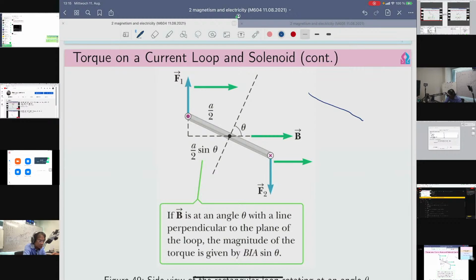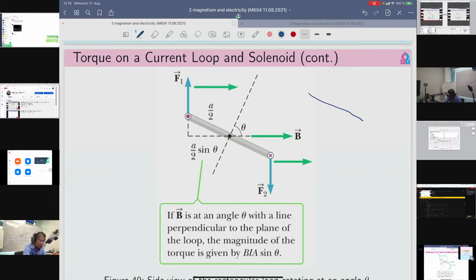But there is no plane at all. It's only the conductor loop like this. We assume that the air and space inside the conductor forms the plane, right?